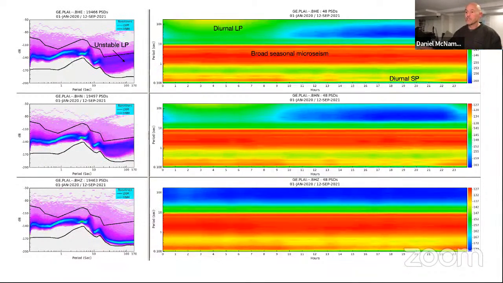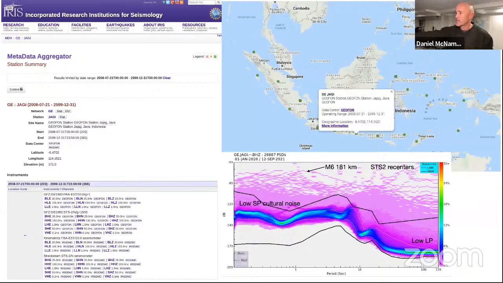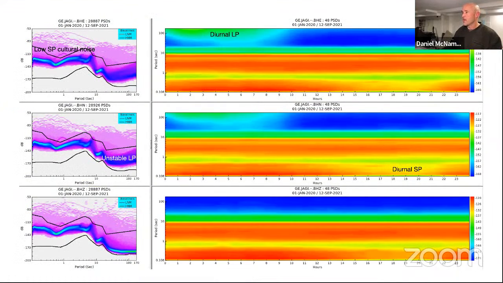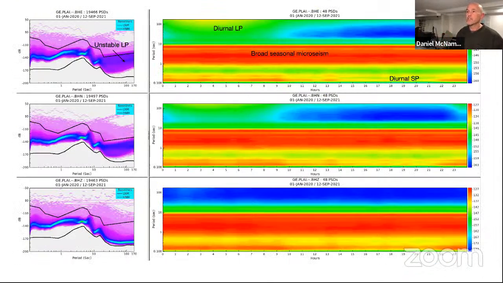I forgot to label that in this one, but that's the same kind of effect that we saw here at JAGI, that STS2 recenter that you can see in the upper right of the PDF plot is the same thing occurring here. So that's suggesting that you're getting a lot of tilt of the pad if the STS2 is recentering itself. Okay. But again, the short period noise levels of this station are quite good. And yeah, the station looks good, looks very good at the short periods.